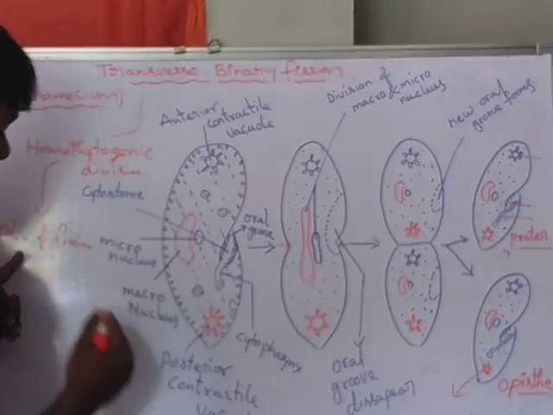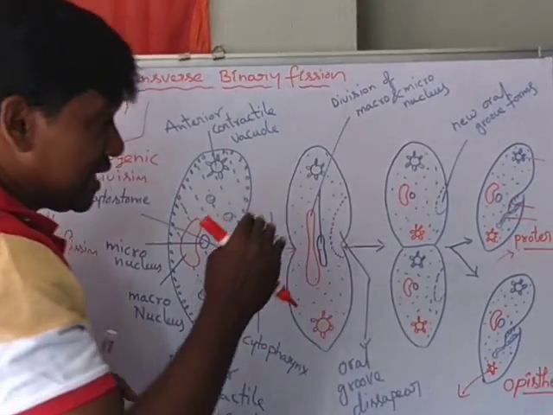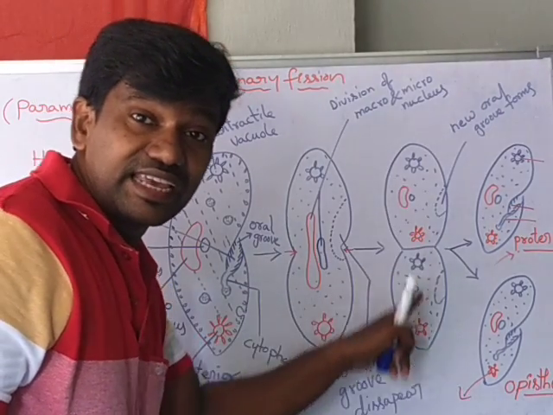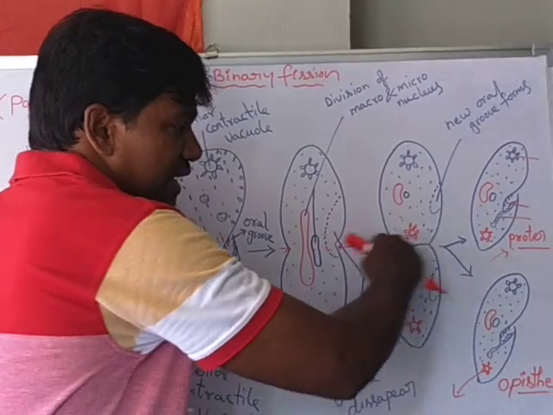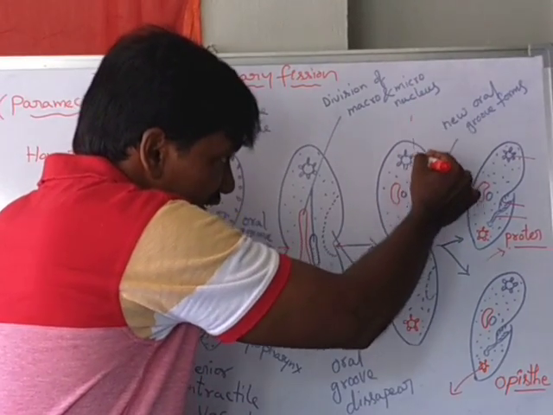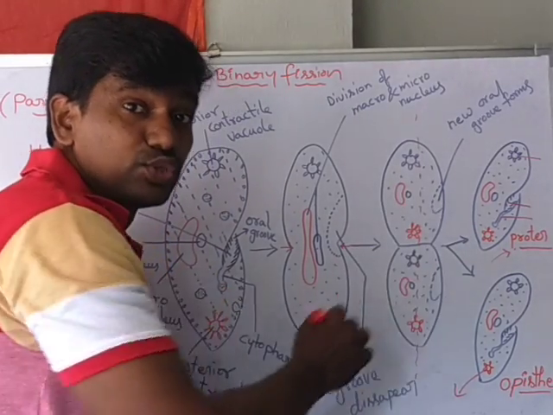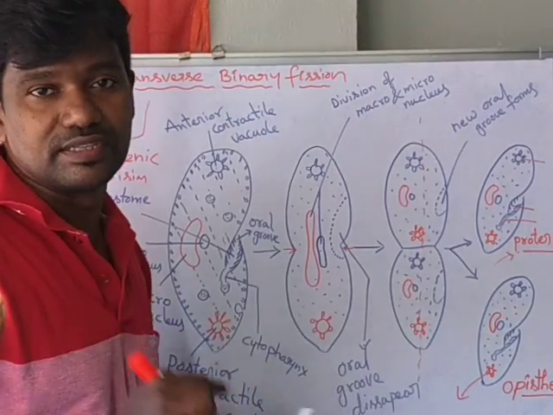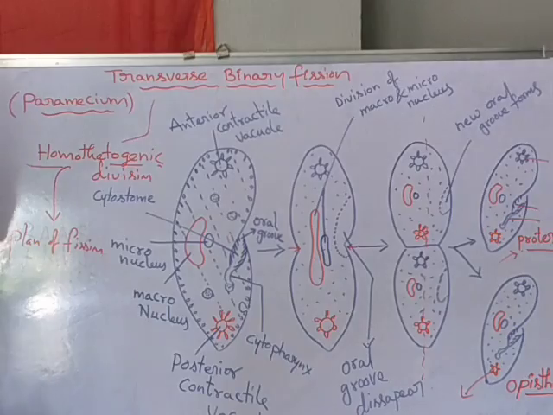The plane of fission occurs at a right angle to the longitudinal axis of the body. That is why this division is called homothetogenic division.